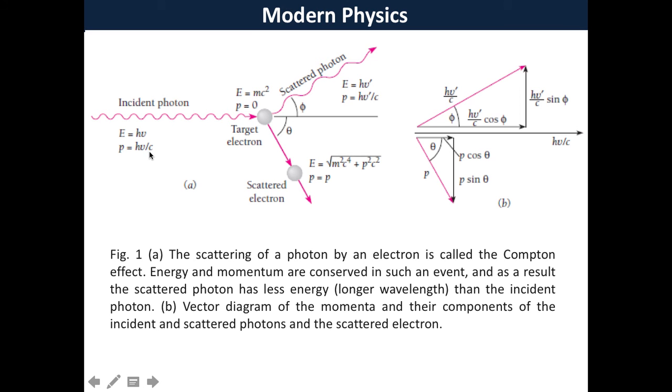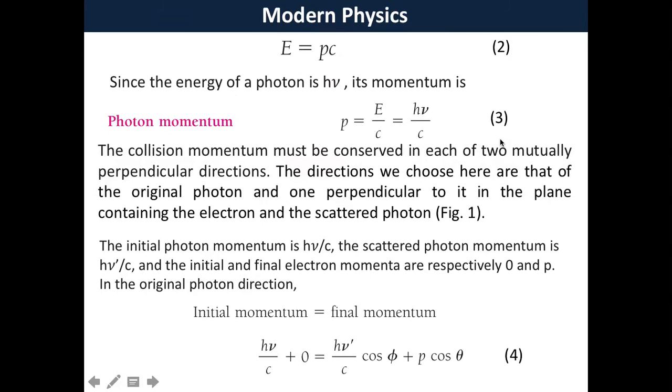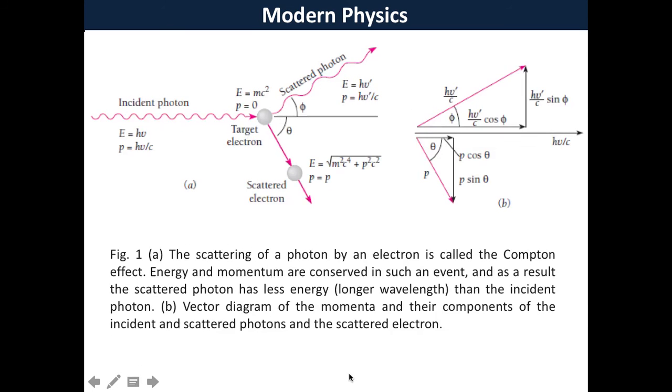The final momentum along the horizontal component is h nu prime upon c cos phi plus p cos theta.